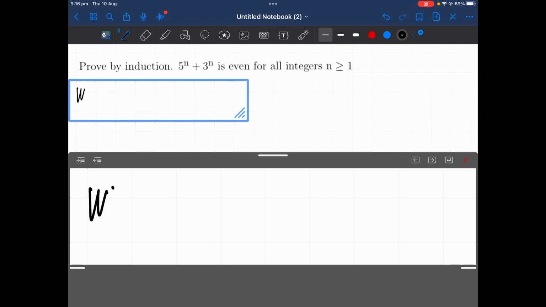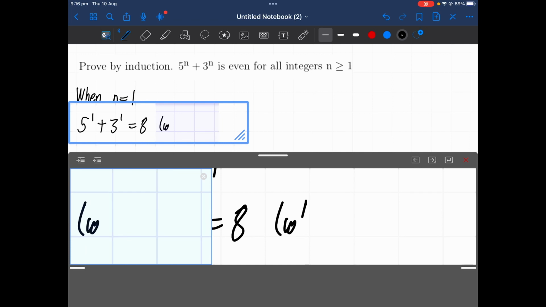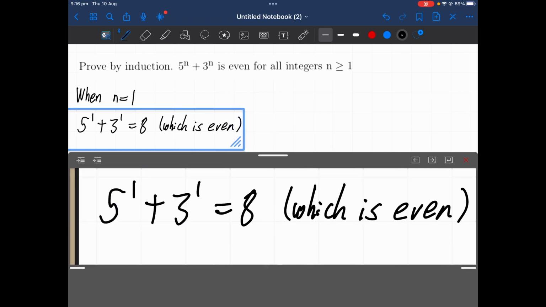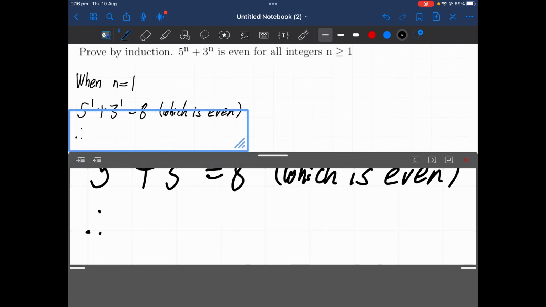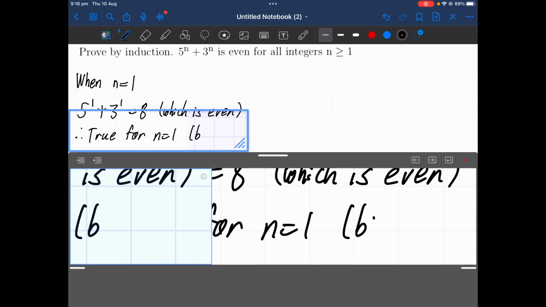So when n equals 1, we have 5 to the power of 1 plus 3 to the power of 1, which is equal to 8, and that is even. Okay, so therefore it's true for n equals 1, which is the base case.